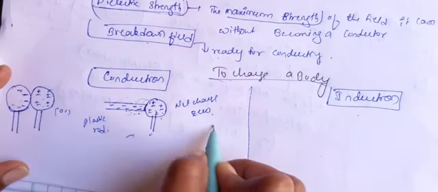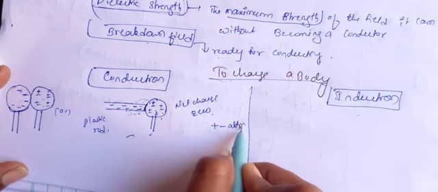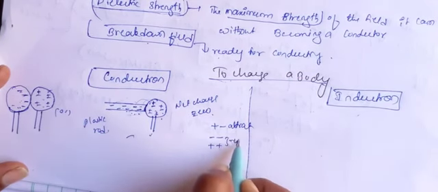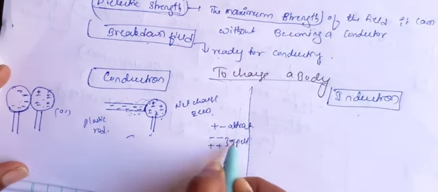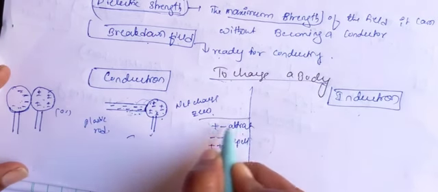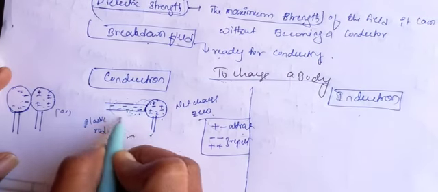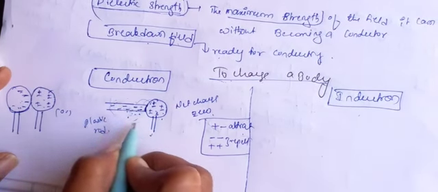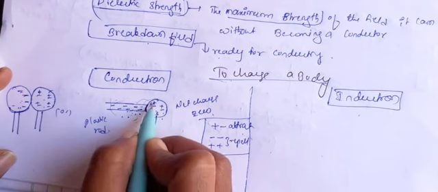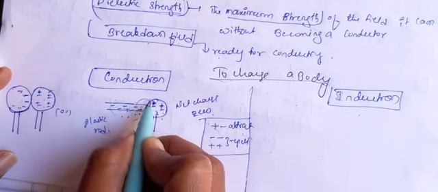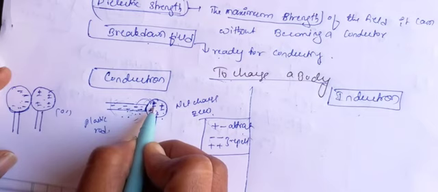Already we know that positive and negative attract, and like charges repel, unlike charges attract. So there exists some internal repulsion in the rod, and that's why these negative charges are attracted towards the positive charge.